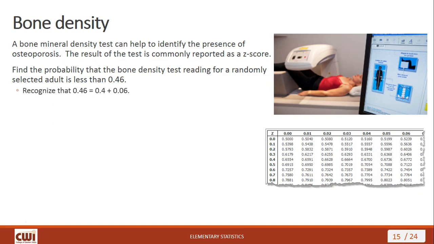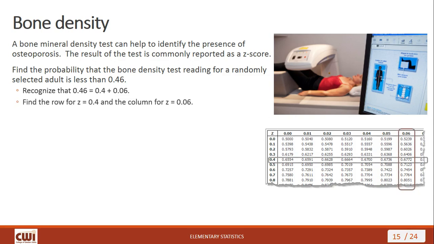The first step is to recognize that the z-score is in two parts. So if we want to look at something less than 0.46, we have to take the 0.46 and separate it into 0.4 and 0.06. Then we find the row for 0.4 and the column for 0.06. We can do that here by looking at the partial z-score table that we have on the screen.